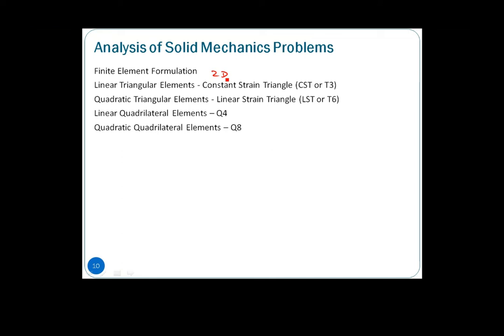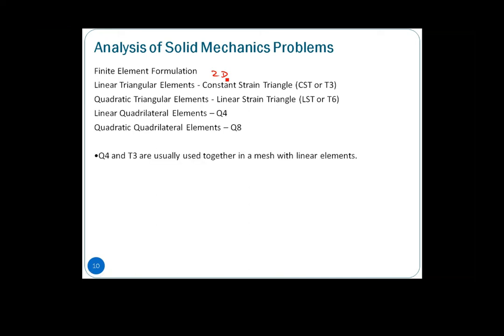These two names are very common: CST refers to the linear triangular element, LST refers to the quadratic triangular element. Then we also have quadrilaterals, linear rectangular elements, and also quadratic Q4 and Q8.